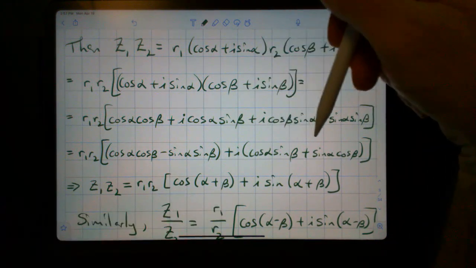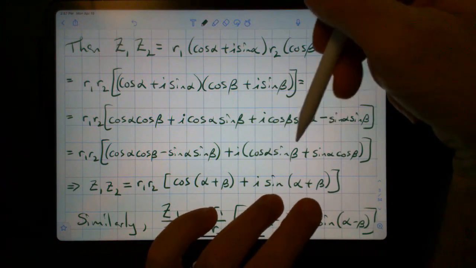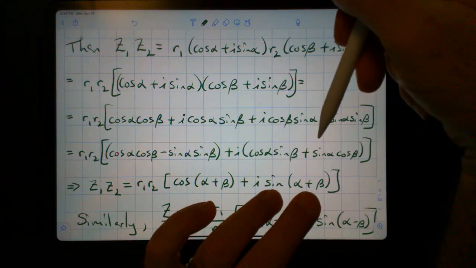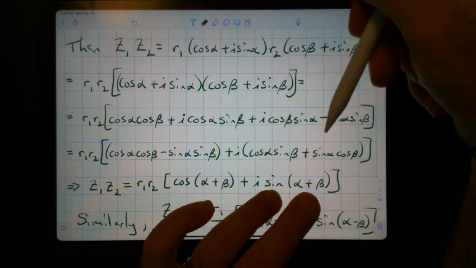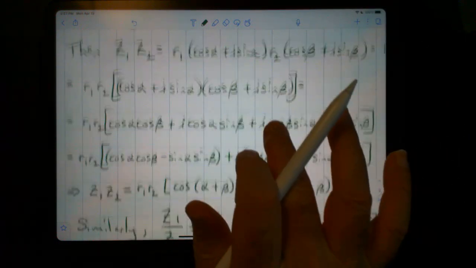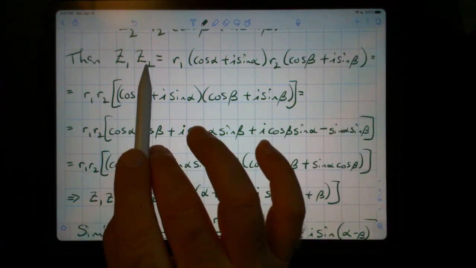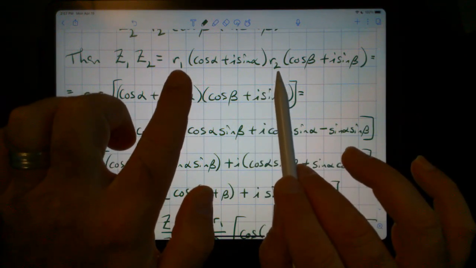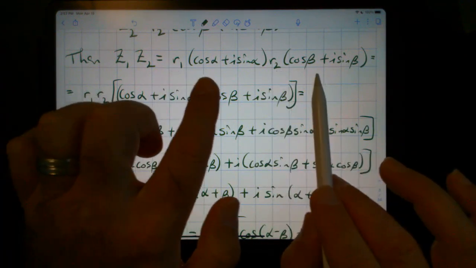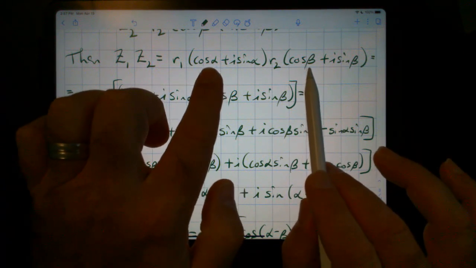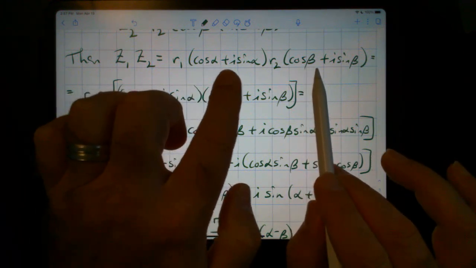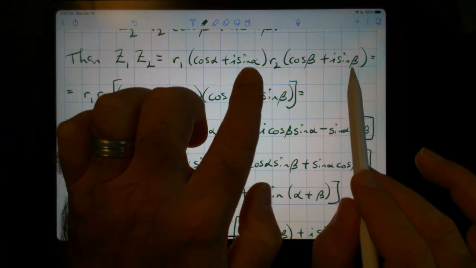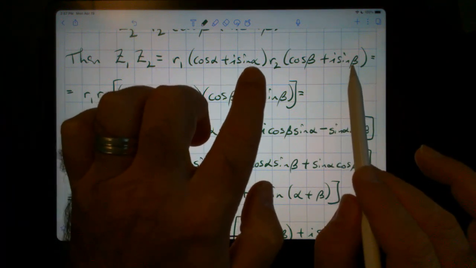Cosine alpha sine beta plus sine alpha cosine beta is sine of alpha plus beta. So when you're multiplying z1 times z2, it's going to be the moduli multiplied, and then cosine of the sum of the angles, plus i sine of the sum of your angles.